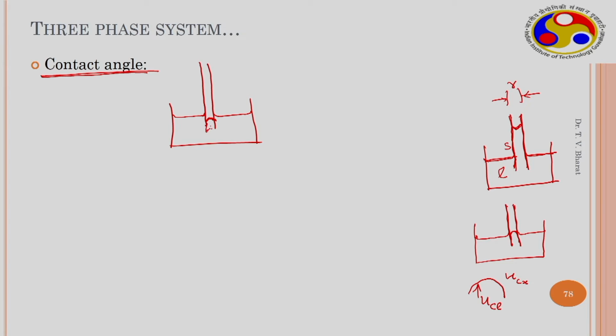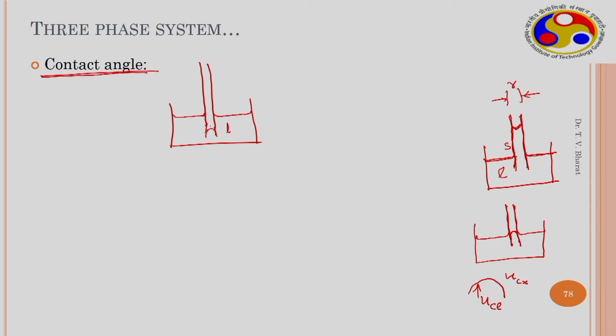The water would start collapsing within this capillary tube. At equilibrium you would see a depression of this fluid within the capillary tube. The best example is mercury in a glass tube. If you use mercury as liquid and a glass tube, then it will depress.